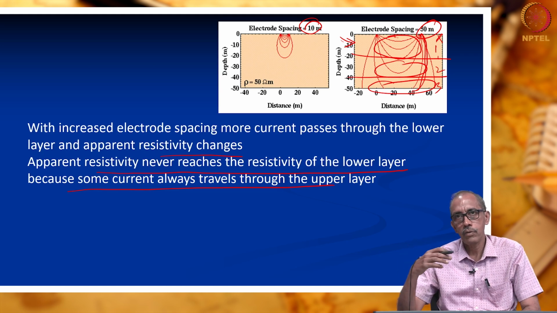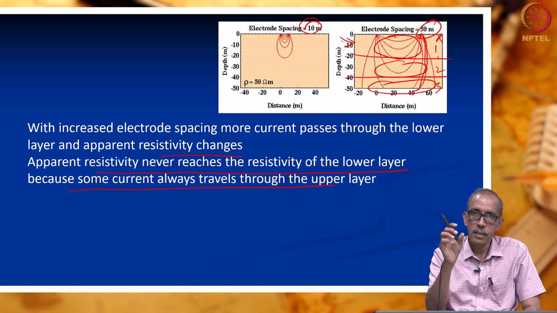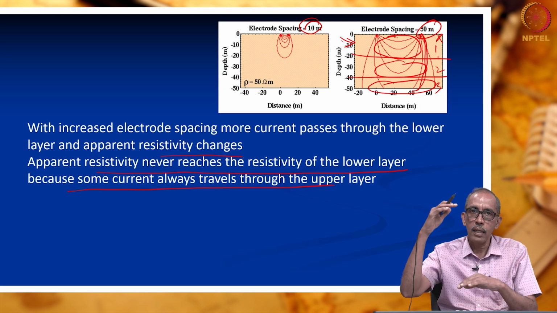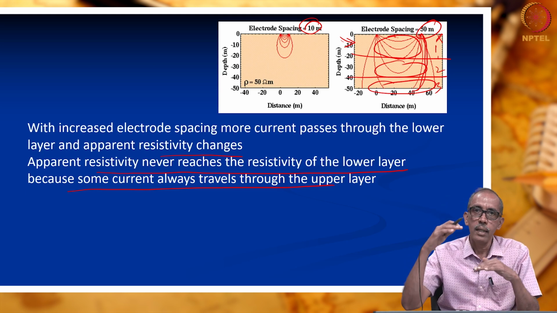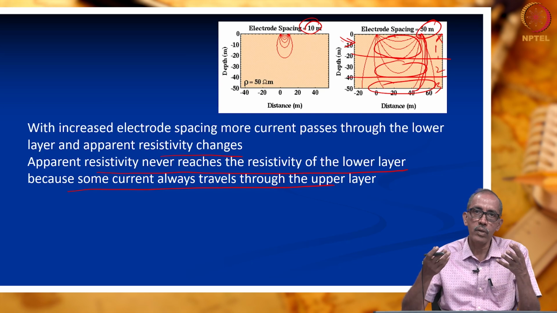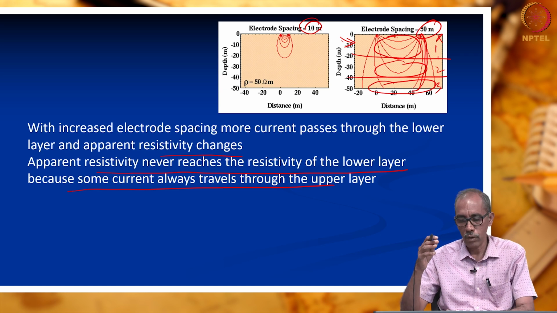This is in contrast with what we had discussed previously. Previously I said if the electrode spacing is very small and the thickness of the first layer itself is comparatively large, then the apparent resistivity which we are measuring will be the same or almost the same as the true resistivity of the top layer.